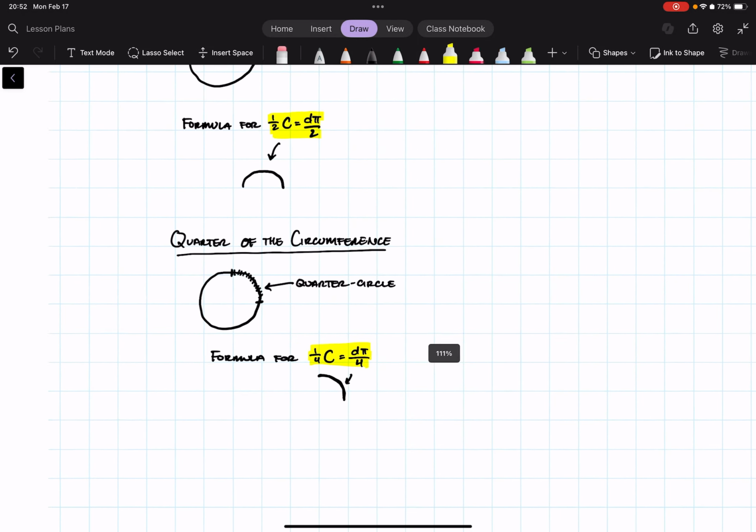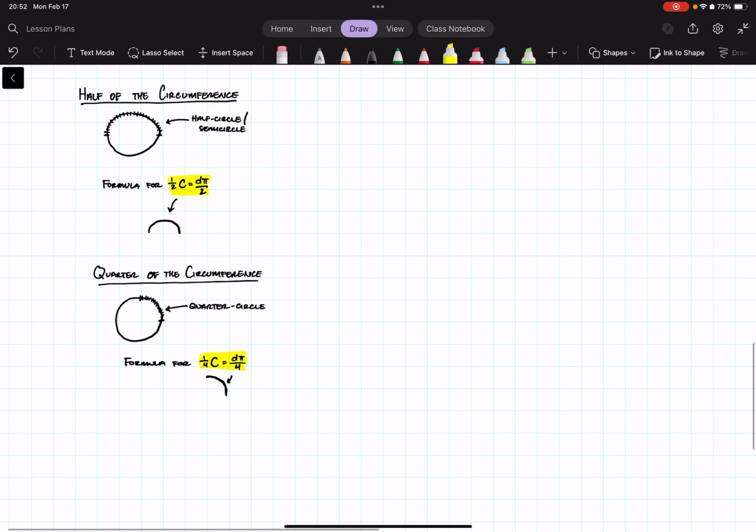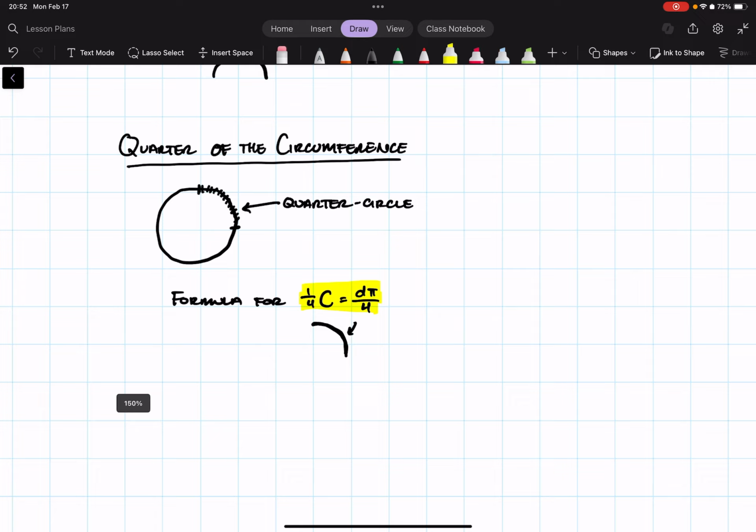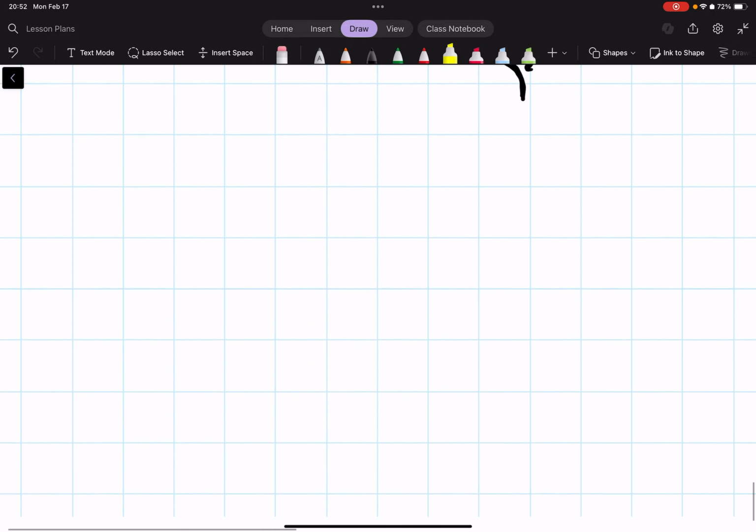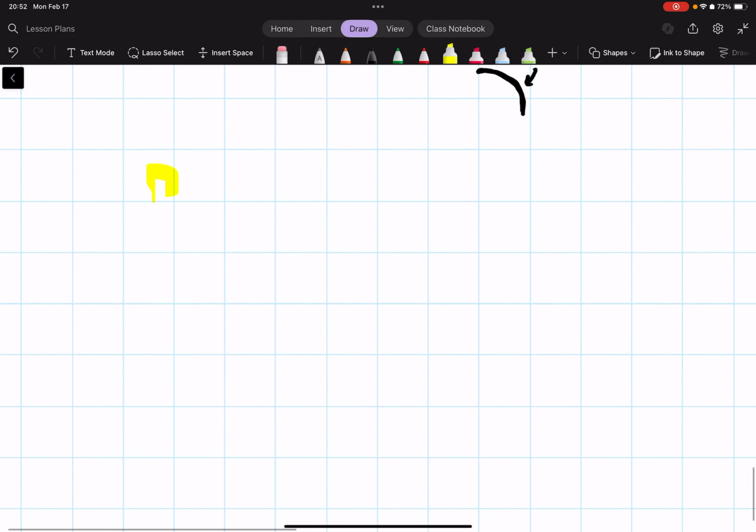And this leads to one final piece, where sometimes you are going to have to find the distance around a semicircle or a quarter circle.